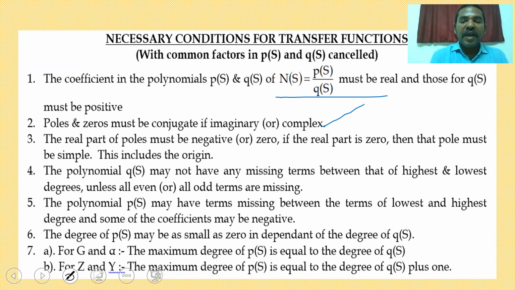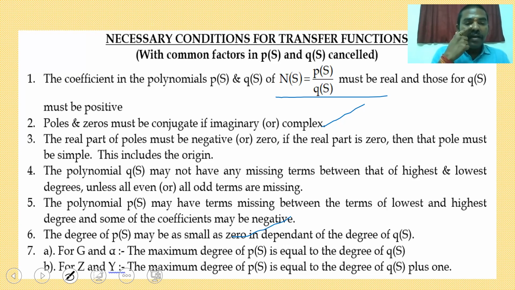At the same time, the degree of P of s may be as small as 0 and is independent of the degree of Q of s. In the driving point impedance, it must differ by either 0 or 1, but here the degree of P of s may be as small as 0 and is independent of the degree of Q of s.